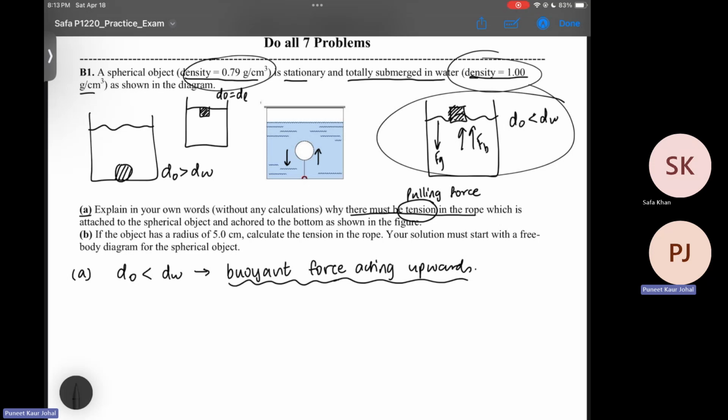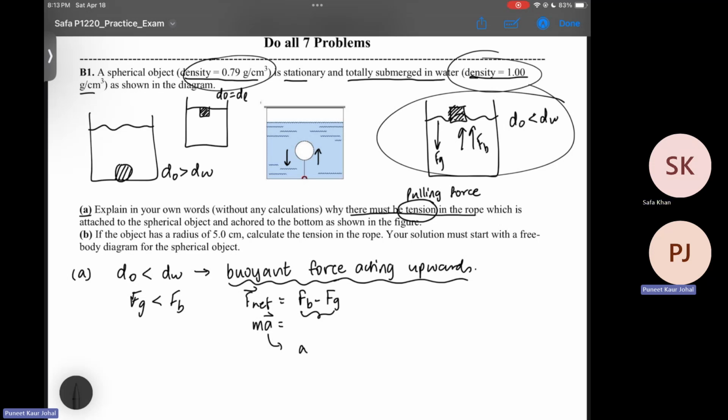And in case of this, the Fg is actually less than the buoyant force. And because of that, if you do the net force, it will be Fb minus Fg, which means because they're not equal, Fb is higher. It means there will be some kind of acceleration produced because of this difference.